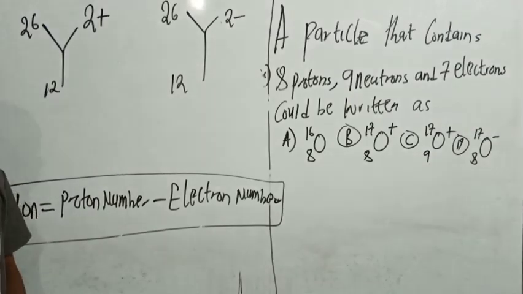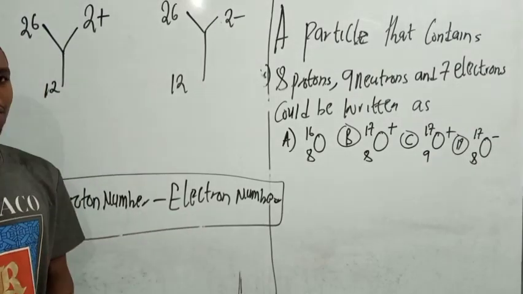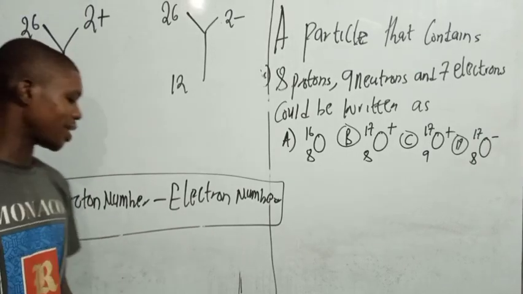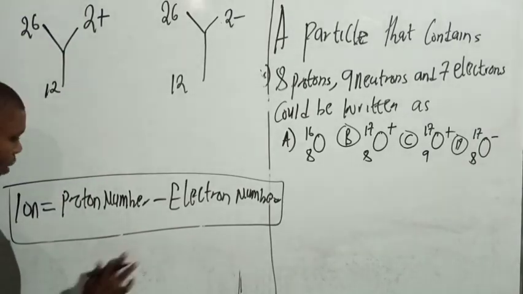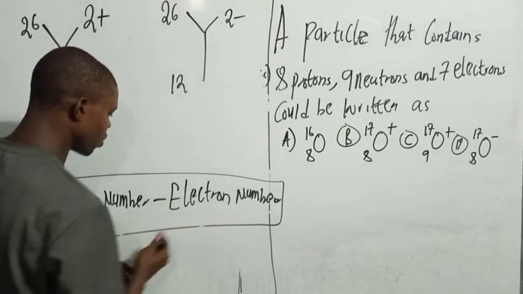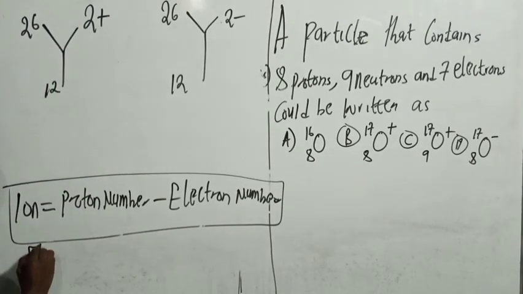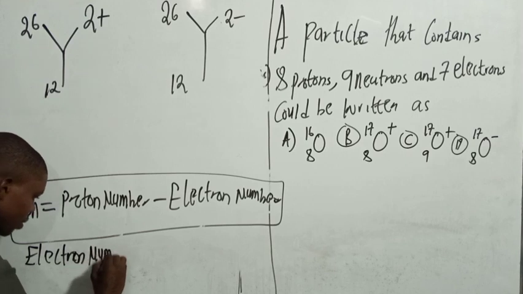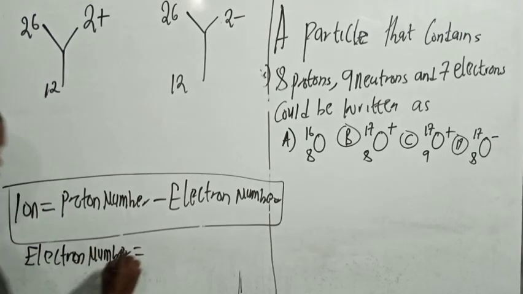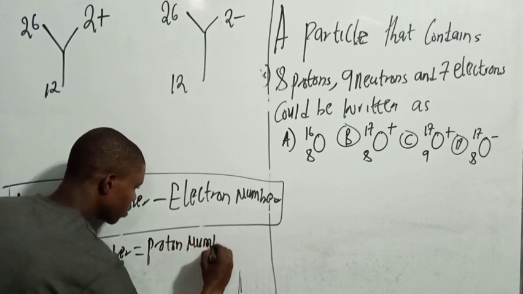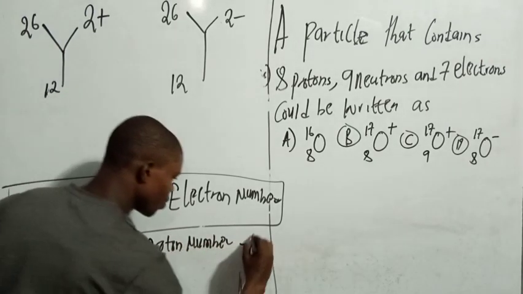If for example we don't know the electron number, but we know the ion and the proton number, we can make the electron number the subject of the formula. So electron number is equal to proton number minus ion.